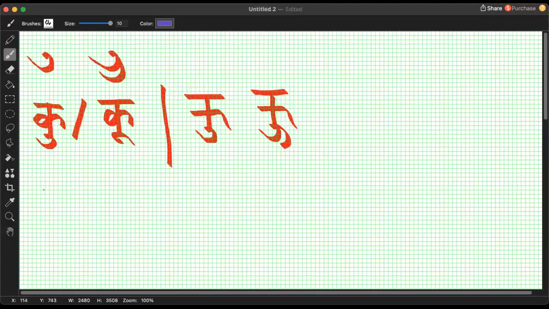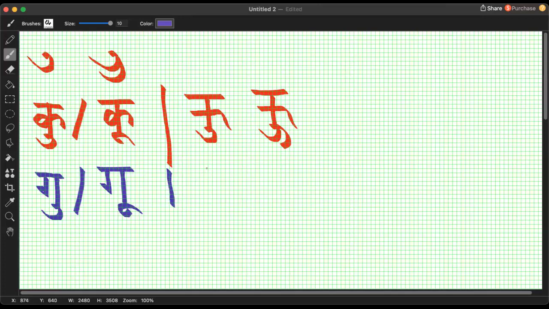Then we know how to write G. This is Gu. This is in Devanagari. So in Sharda, Gu will be written like this.